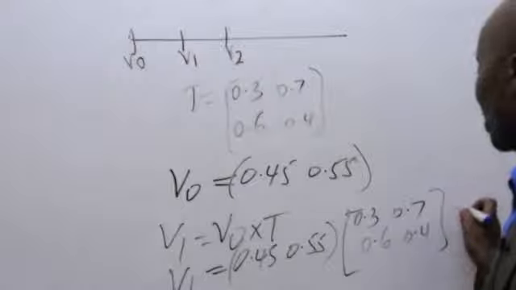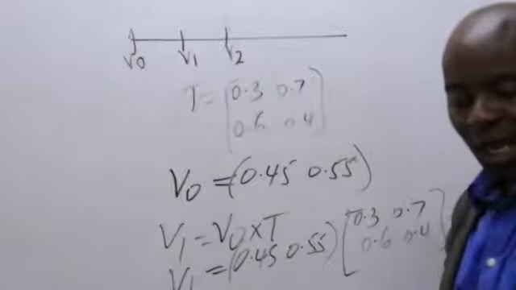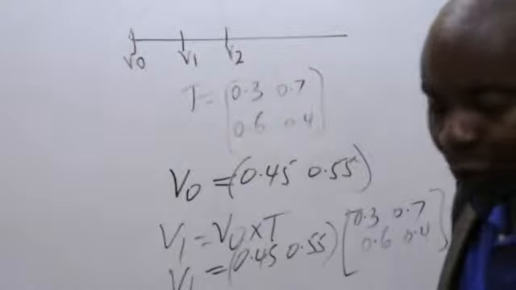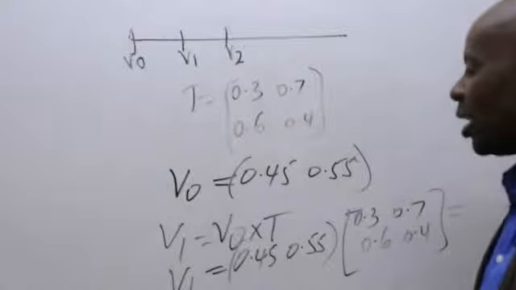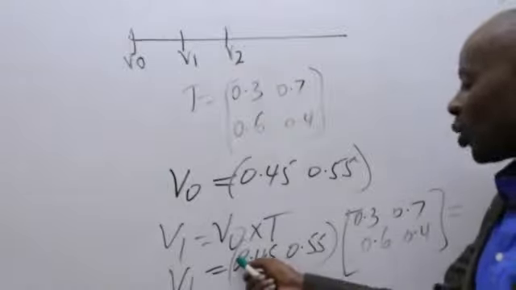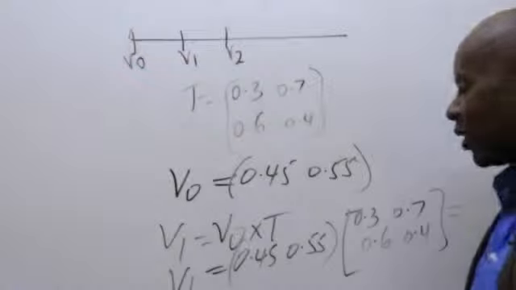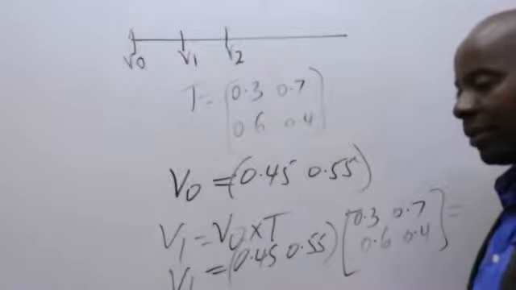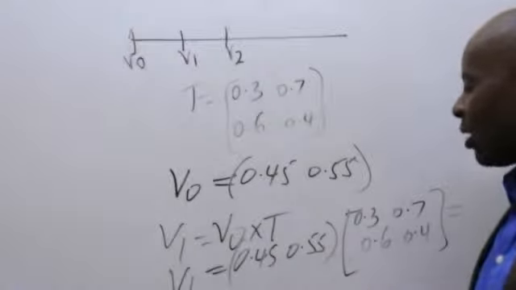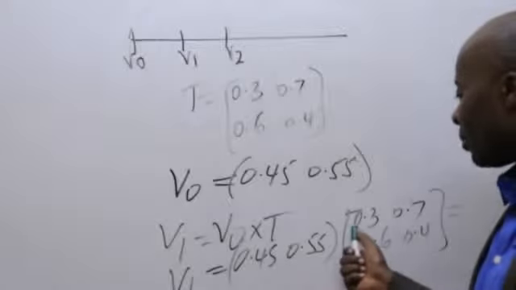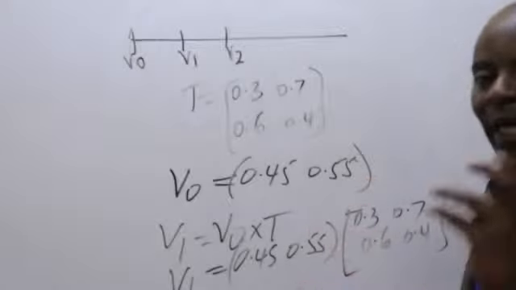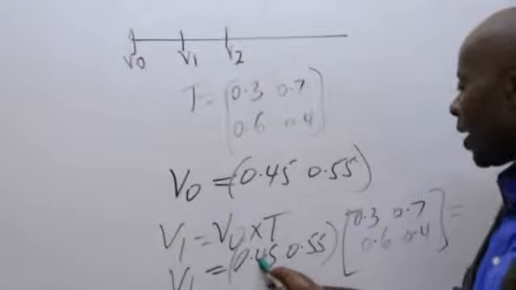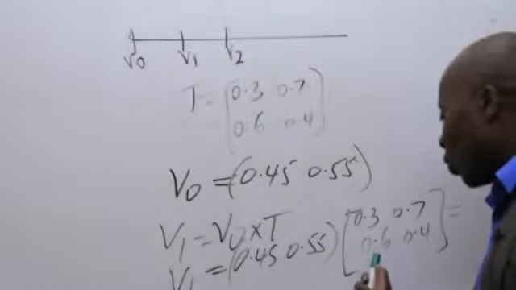With this information, I should be able to do my multiplications very easily. Remember, when I'm multiplying, it's all about row and column. So what do we have here? It's 0.45 times 0.3, first one multiplied plus second one multiplied.